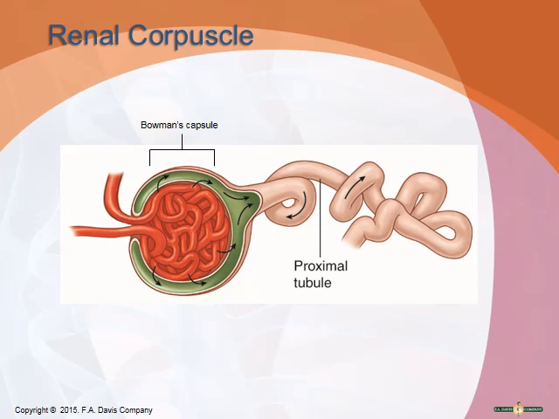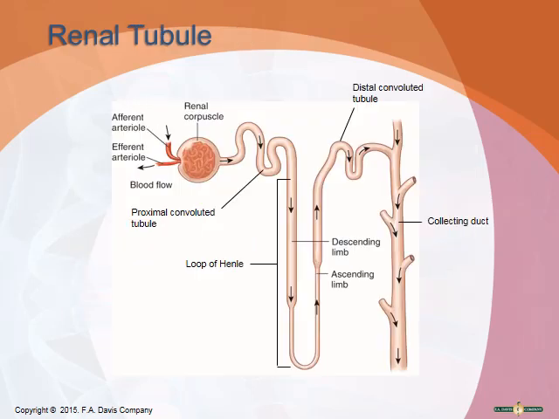So what gets pushed through the capillary would be fluid and some solutes that are in there, and we'll talk a little bit more detail. So renal corpuscle, capsule, and glomerulus, and we'll see the second part of the nephron in a second.